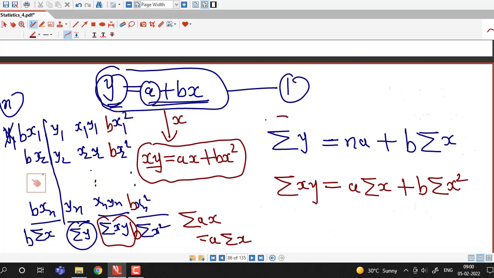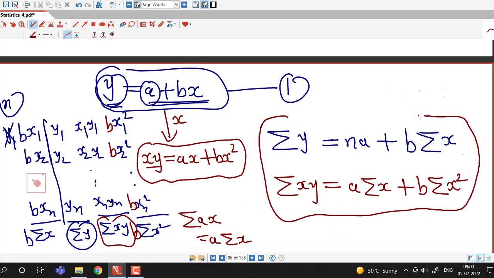So we can write down normal equations from the given equation of straight line in this way. First we take summation on both sides of the given equation. So we will obtain sigma y equal to a taken sum n times, so we have n into a plus sigma bx, that is b sigma x.